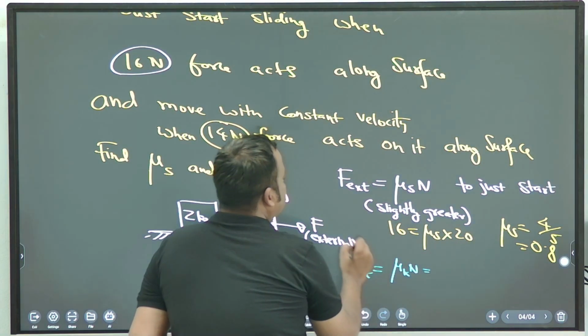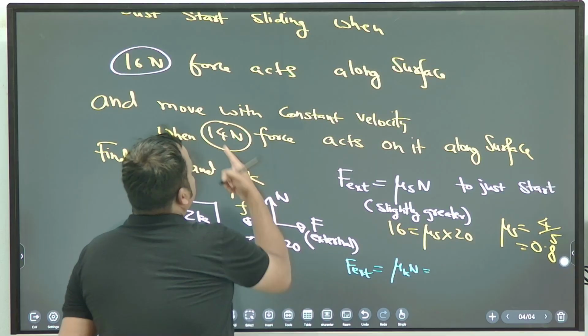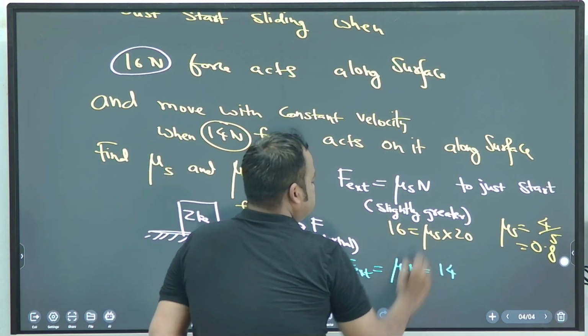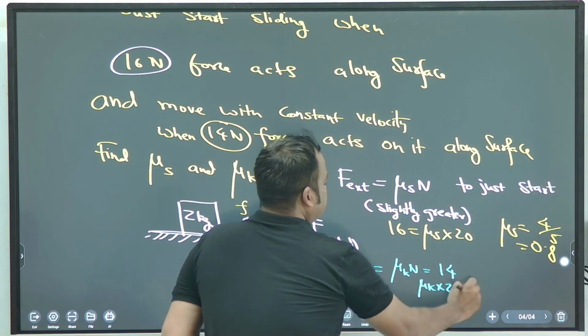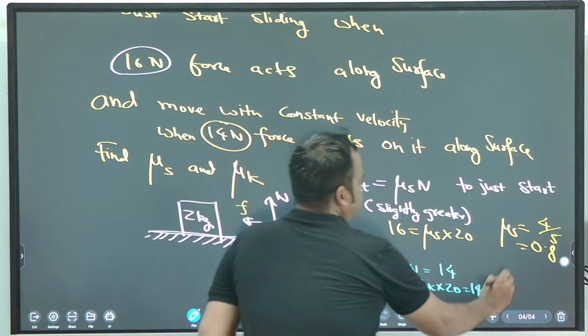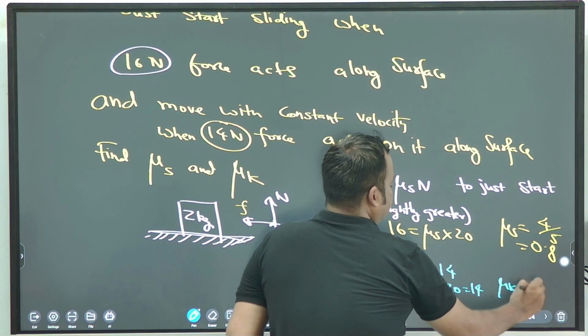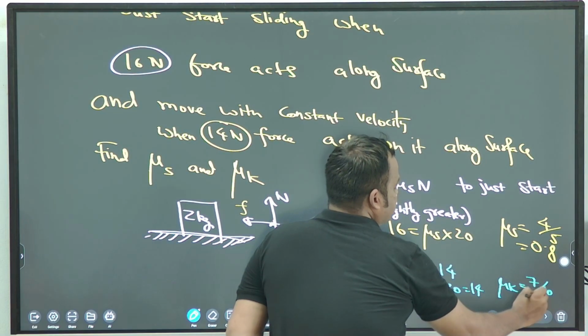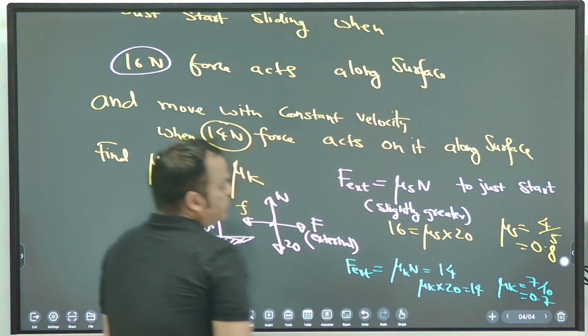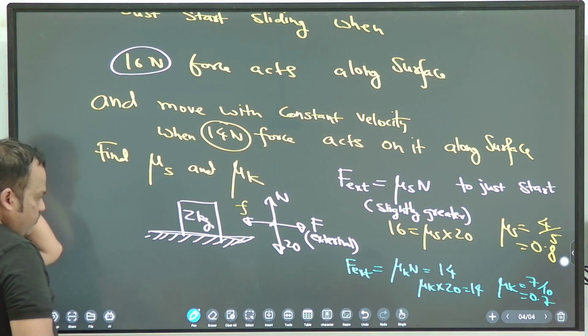So mu k into 20 is equal to 14. So mu k is equal to 7 by 10, which is 0.7. Note down.